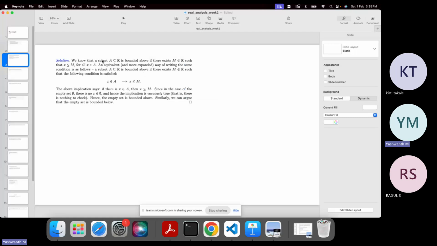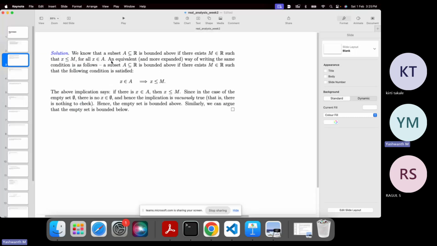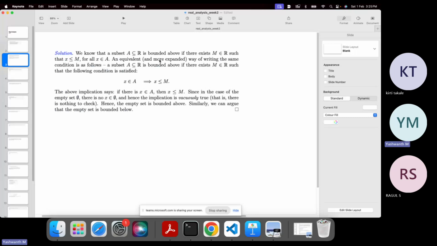Now, we call a set A bounded if there exists M such that x is less than or equal to M for all x belonging to A. This is what we started with today when we were defining the supremum. To put it clearly, you should be able to find an M such that for all x belonging to A, x is less than or equal to M, right?